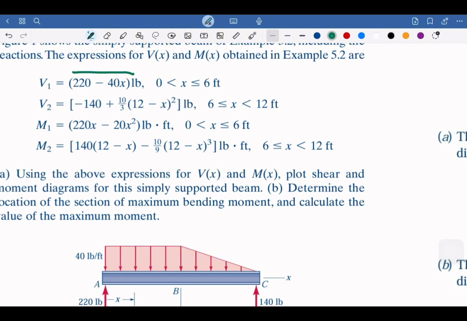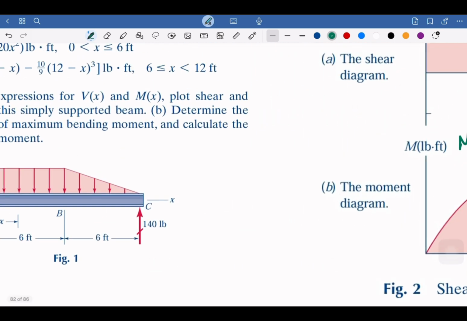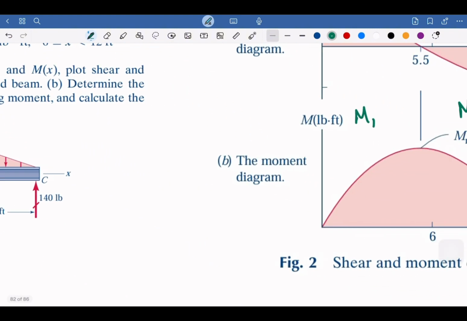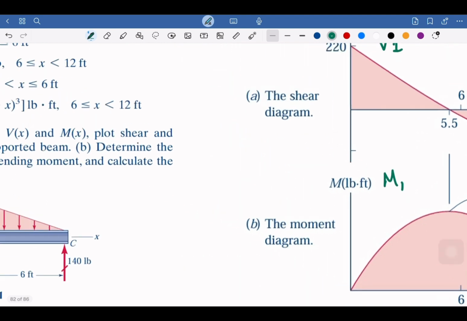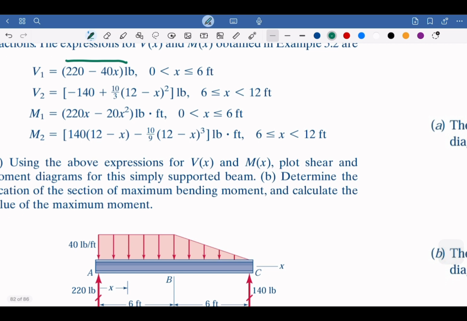If we check the bending moment, the first one is a quadratic, which is 220x minus 20x squared. Then we have a 140, and basically this is the cubic formulation for the M2.